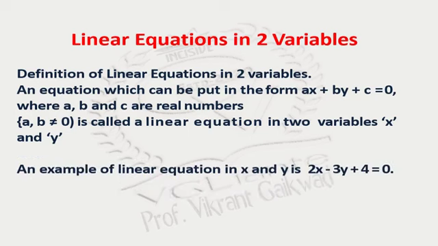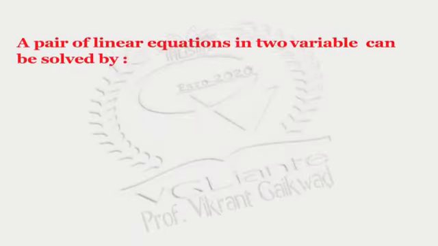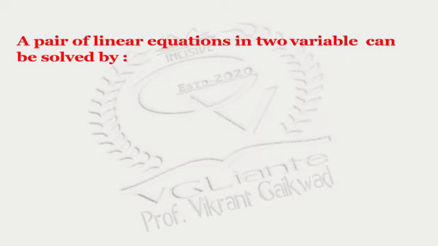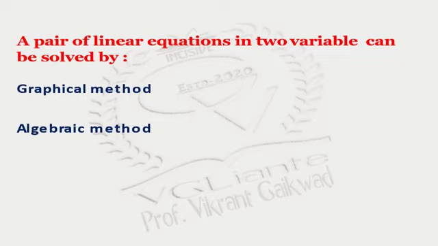An example of a linear equation in x and y is 2x minus 3y plus 4 equals 0. A pair of linear equations in two variables can be solved by the graphical method or the algebraic method.